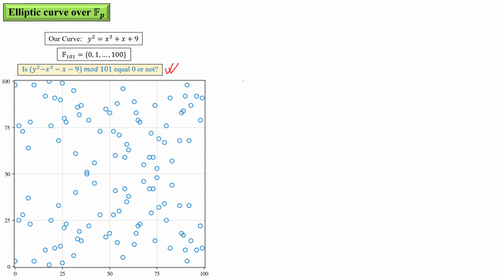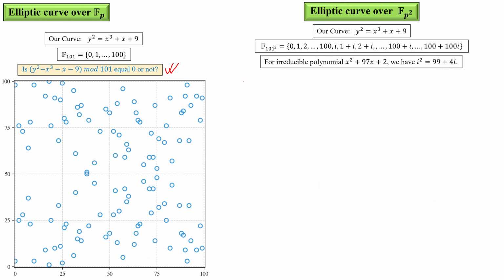Now, you remember that in the previous lecture, other than the field F_101, we discussed another field, which was F_101 squared, that was generated from field F_101, right? And an irreducible polynomial.